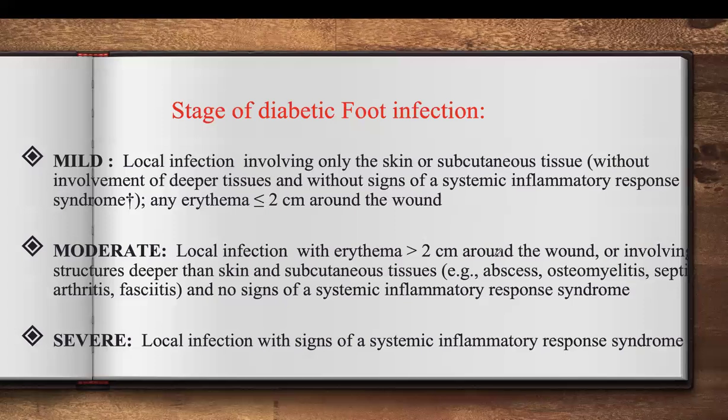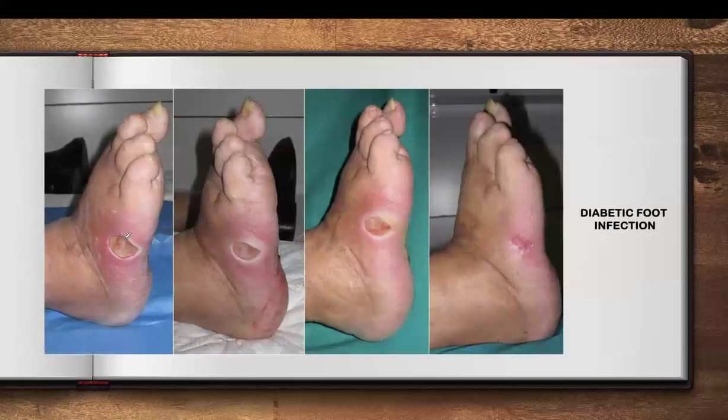Okay. So first of all, when we get a diabetic foot infection, we try to find out whether it is mild, moderate, or severe. There is a criteria for that. The first thing is whether the patient has a local infection involving only the skin and subcutaneous tissue. So mild means it is just locally infected. If you look over here, you can see there is only a bit of redness around the wound or around the ulcer.